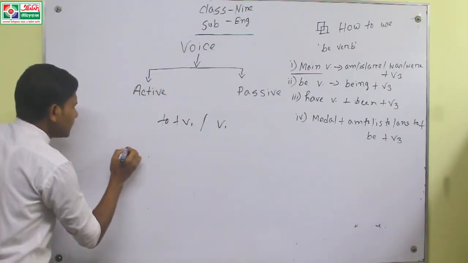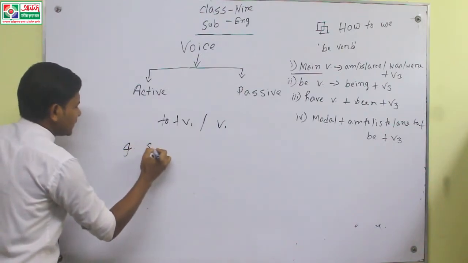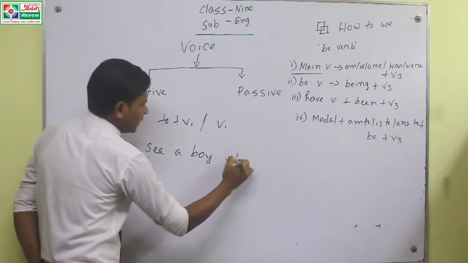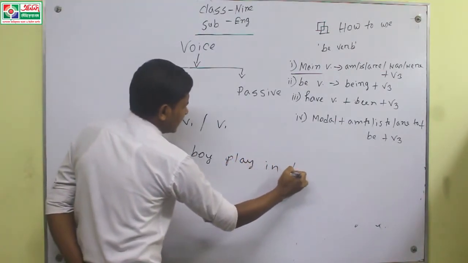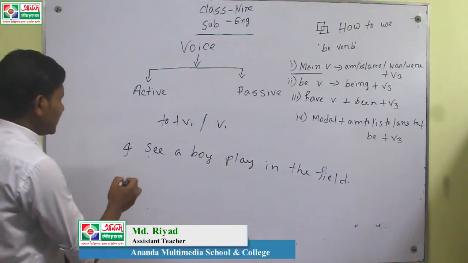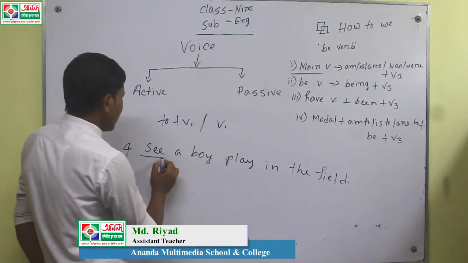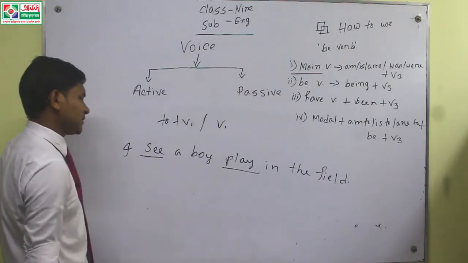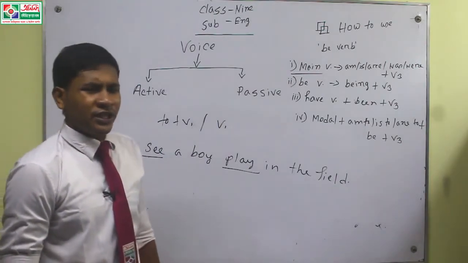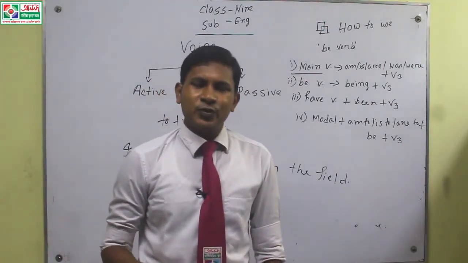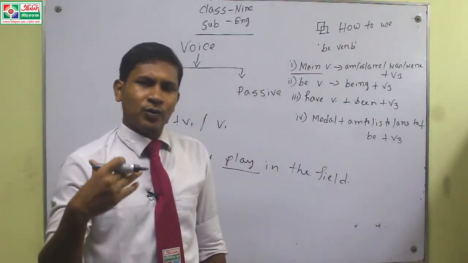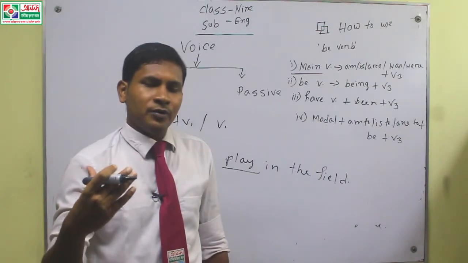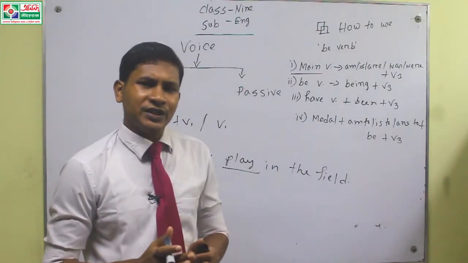For example, I see a boy play in the field. In this sentence, there are two verbs. We know that in a simple sentence, if we use more than one verb, the other verb takes ed, ing, or other forms.